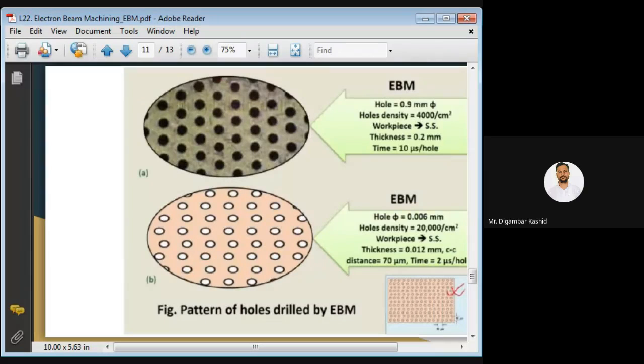So this kind of pattern of holes is generated on the workpiece surface by using electron beam machining. This is a very important example.